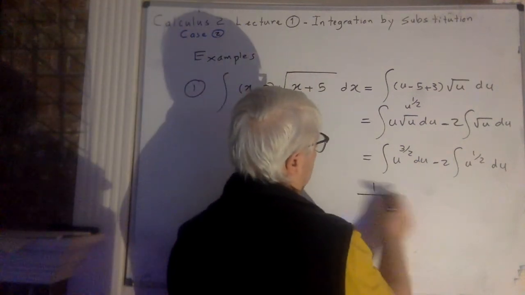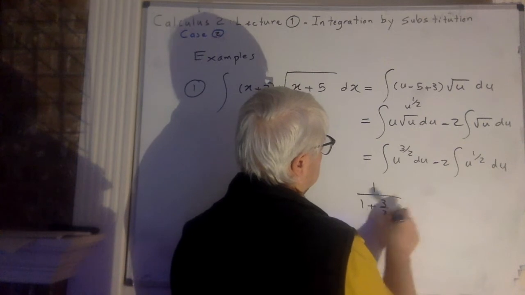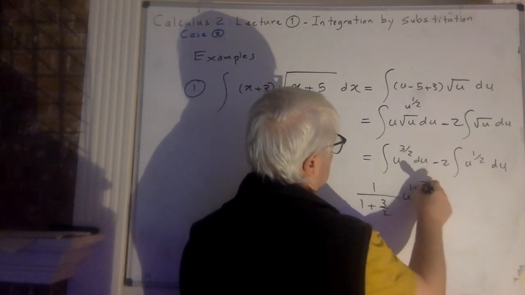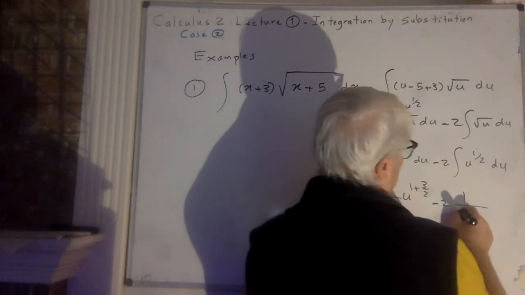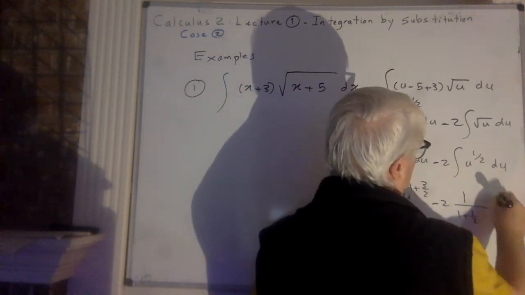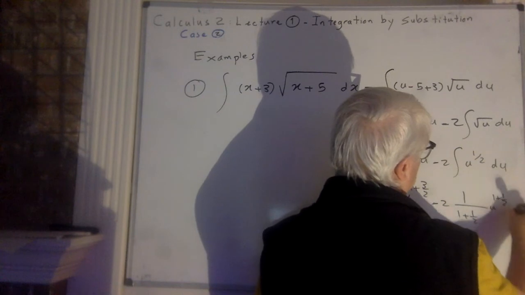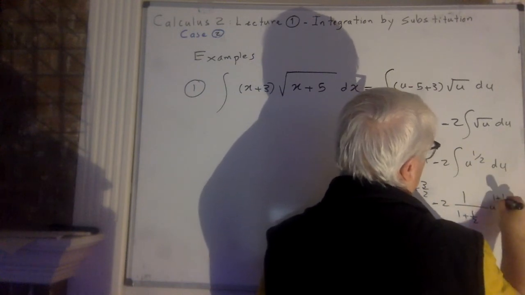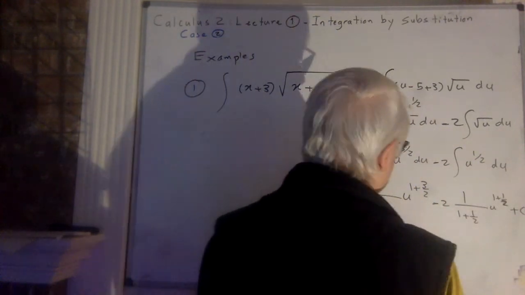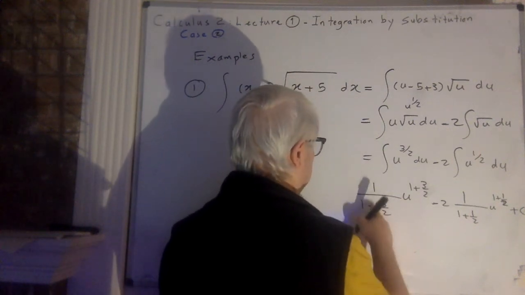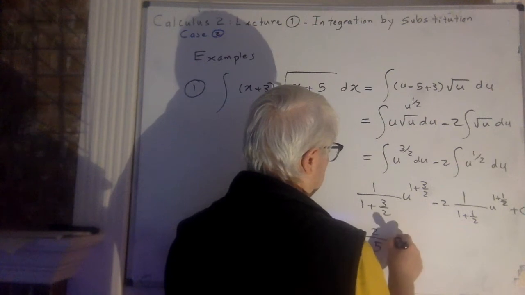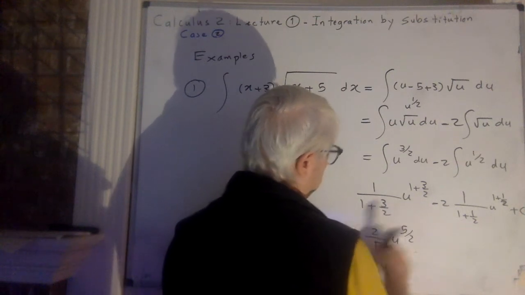So that is 1 over 1 plus 3/2 times u to the power 1 plus 3/2, minus 2 times 1 over 1 plus 1/2 times u to the power 1 plus 1/2, plus a constant. So this is 2 over 5 u to the power 5 over 2.